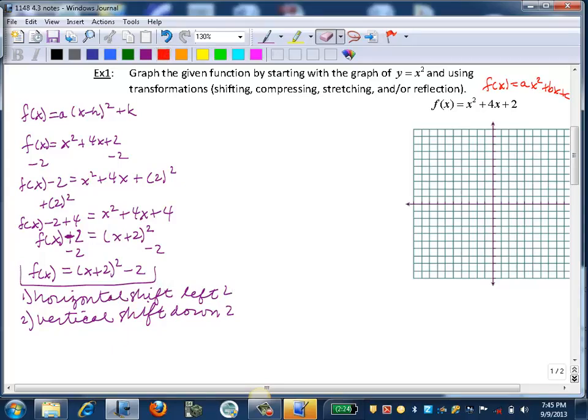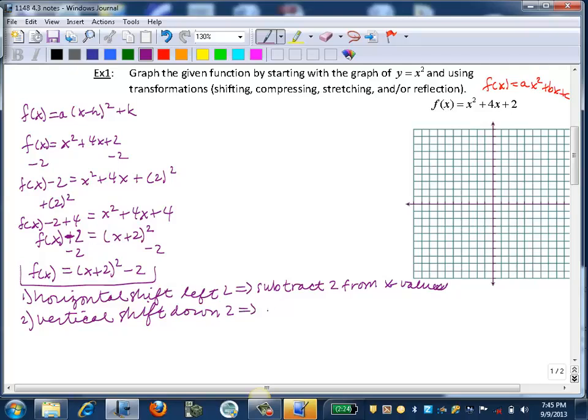So in order to shift our function left 2 units, we know we're going to take the x values of our parent function and subtract 2. So subtract 2 from our x values. So from here, this is just a transformations problem like we did in the previous section.